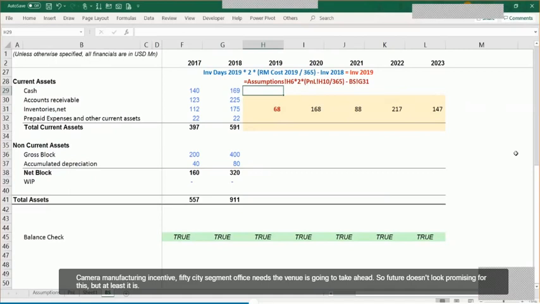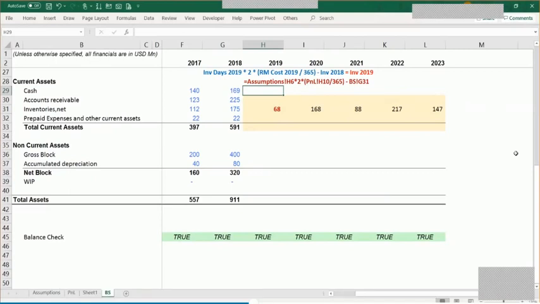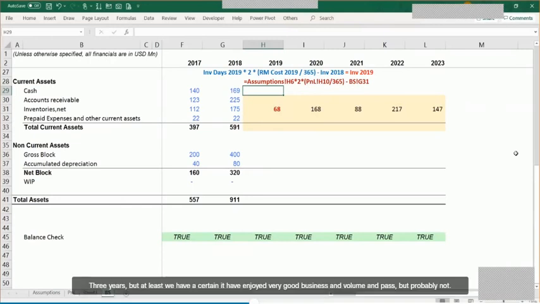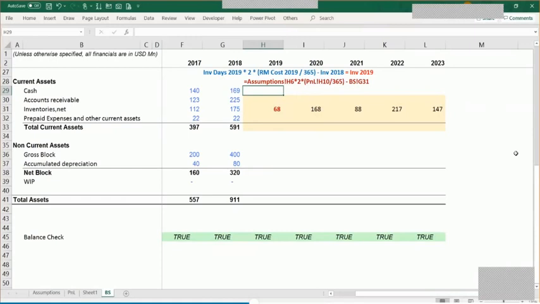But at least it is showing how it is going to be able to weather this crisis in terms of volume dip. So going forward, it won't be the same company which it was maybe in the last 3 years, but at least it will have a certain position. It has enjoyed very good business and volume in the past, but probably not in the future. Still, it is good.